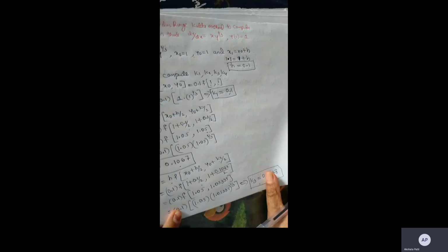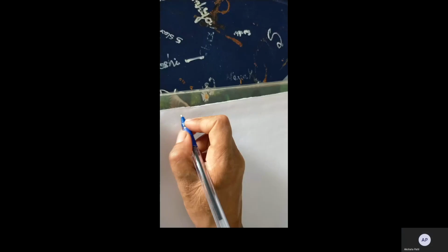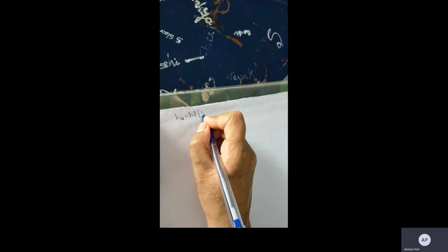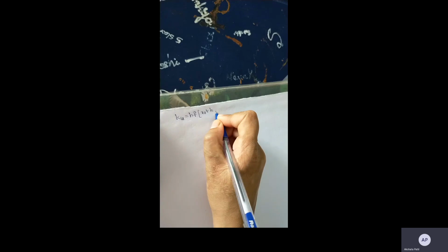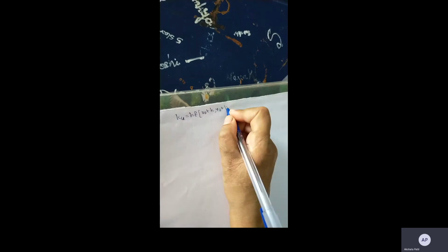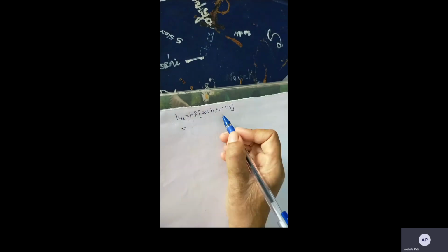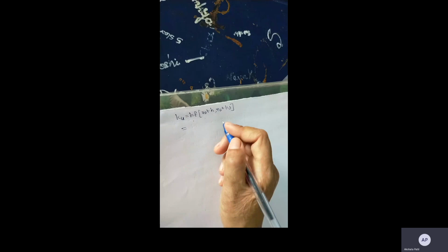Now calculate K4. So K4 is equal to, the formula is h into the function of x0 plus h comma y0 plus k3. Now substitute the value of h, x0 value, y0 value and k3 value and calculate K4 here.